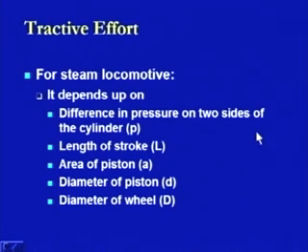This stroke will come back, and that is how one cycle will be completed. And because there is a cylinder, we have to take into consideration the area of the piston, the diameter of the piston, and similarly the diameter of the wheel. Taking all these factors together, we can compute the value of the tractive effort in this case.